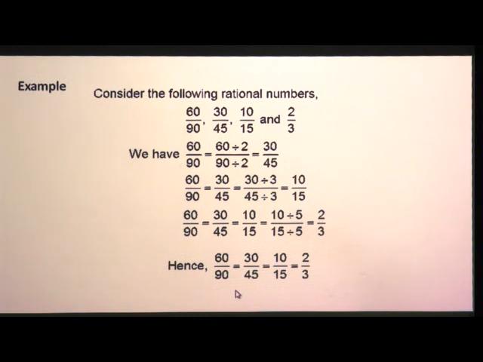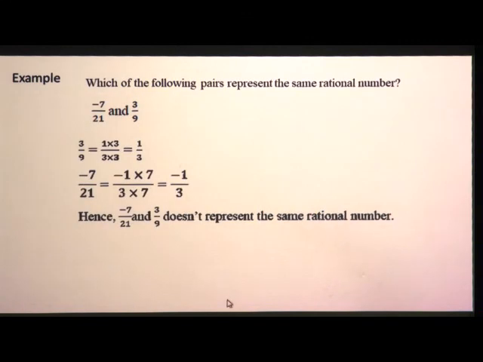Now, which of the following pairs represents the same rational number? We will see minus 7 upon 21 and 3 upon 9. Same means equal, or we can say equivalent.